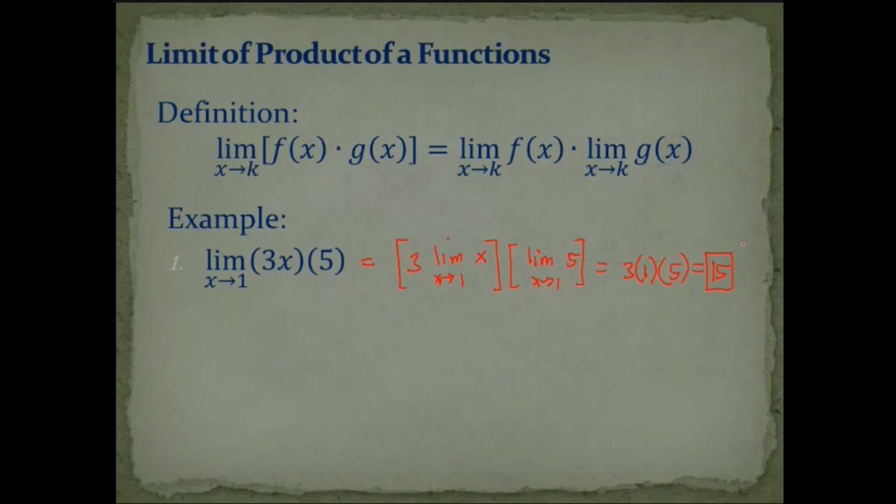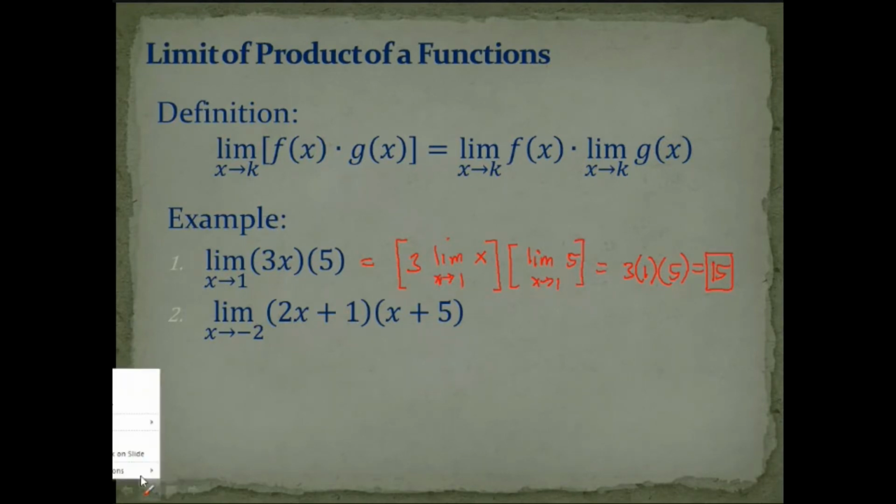Moving on, number 2. Limit of 2x plus 1 times x plus 5 as x approaches negative 2. So ito, kapag in-expand gamit yung definition, siya ay magiging constant natin yung 2, lagay sa unahan, then limit of x as x approaches negative 2 plus limit of 1 as x approaches negative 2, then lagyan natin ng bracket to.